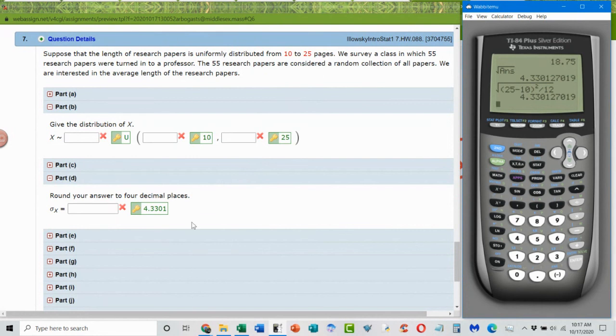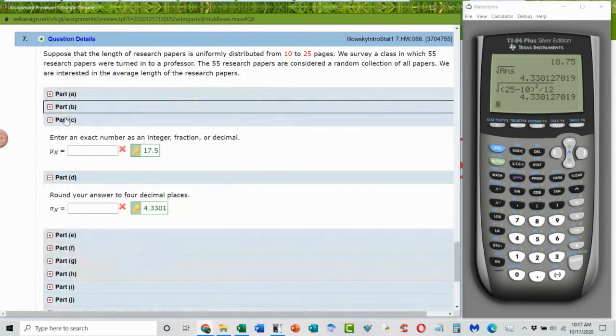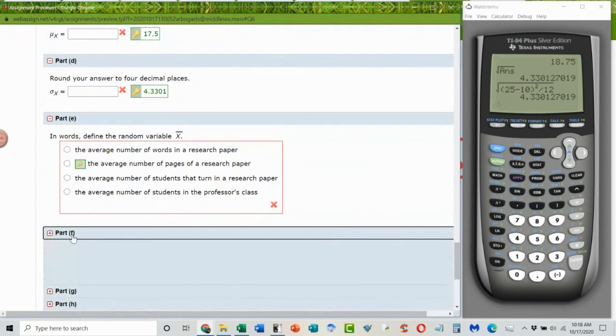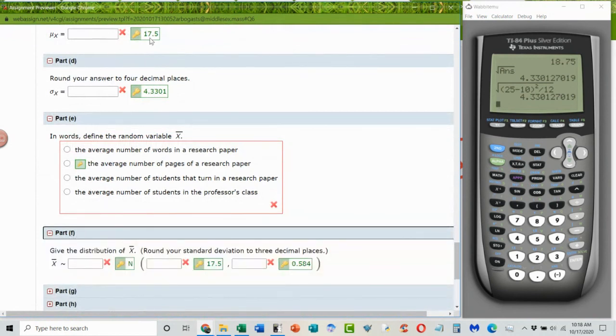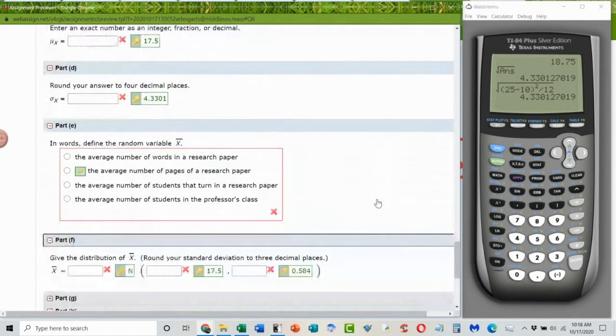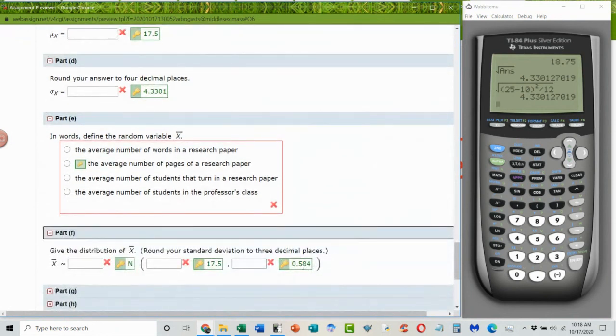But this again, we just use the mean and standard deviation. And then you're going to take this and divide by the square root of n to get x bar. So it's still the same mean. And then you take this standard deviation and divide by the square root of n. In this case, n is 55. So that's how they get this.